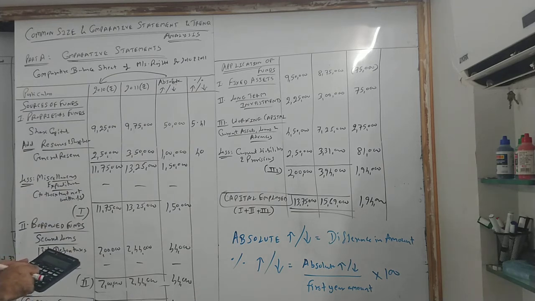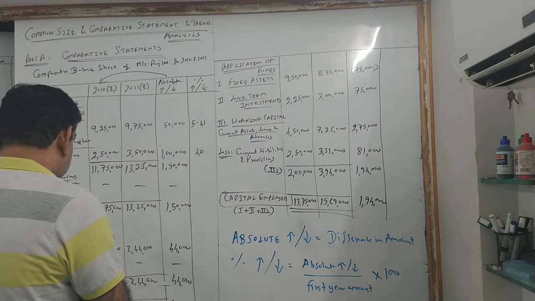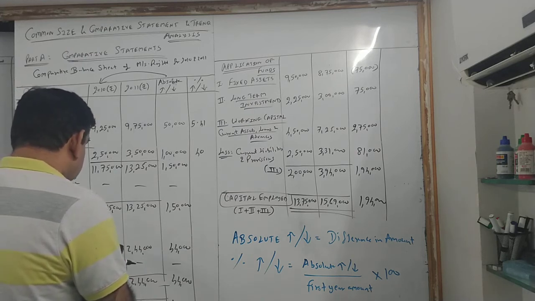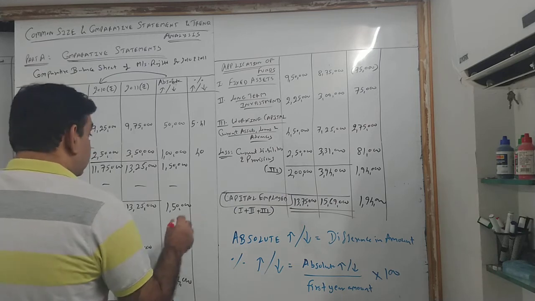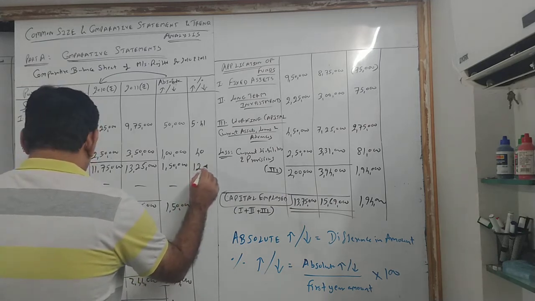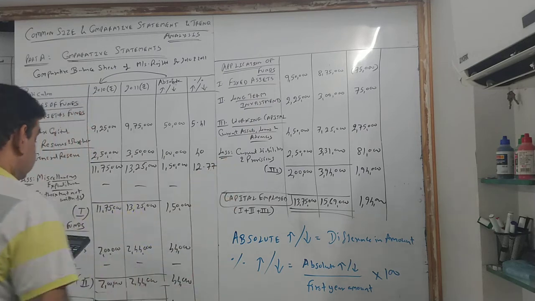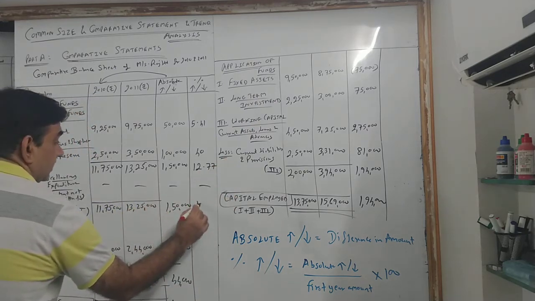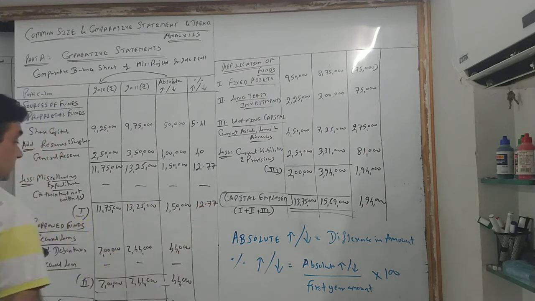Then 1,50,000 divided by 1175 into 100 gives 12.77. Nothing else, again the same answer comes, 12.77.